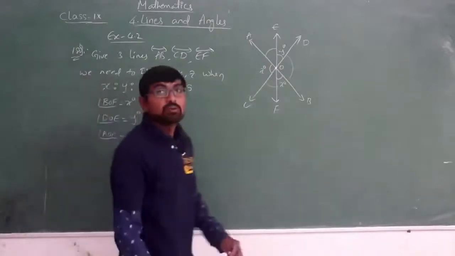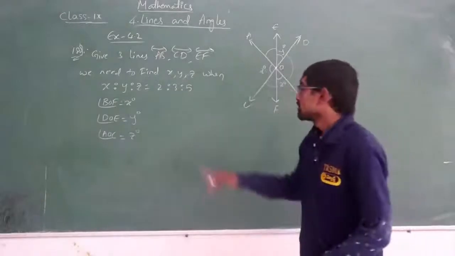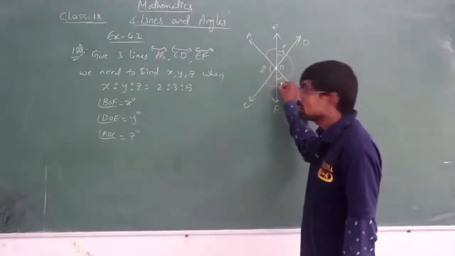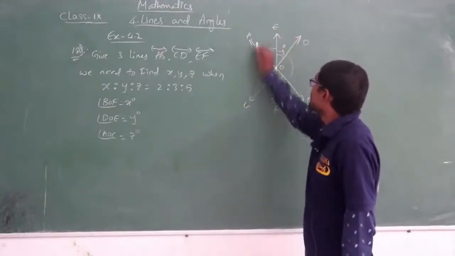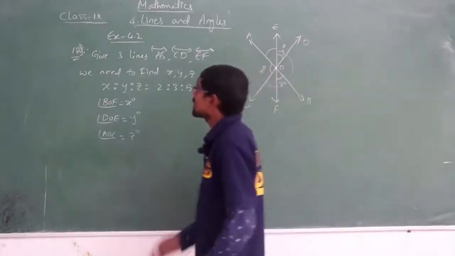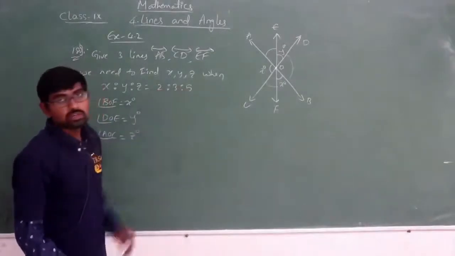You can see here from total 6 angles he had given 3 angles, that is x, y, z. Those angles are BOF x, DOE y and AOC he had given as z, and these 3 angles are given in the ratio of 2:3:5.